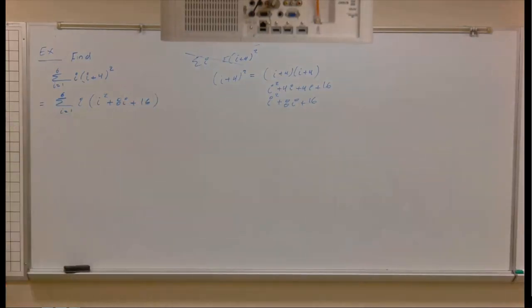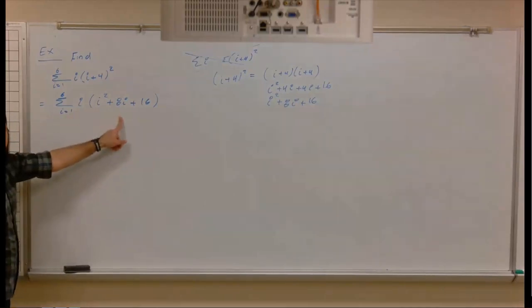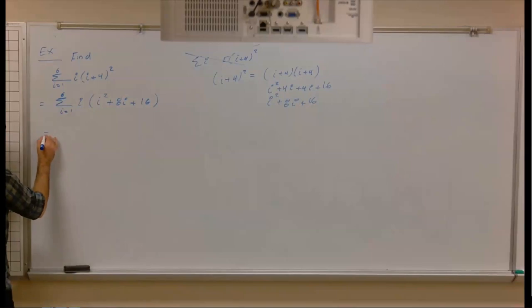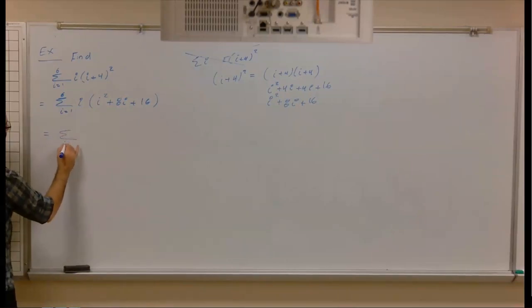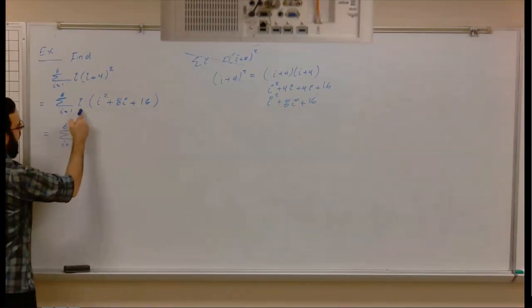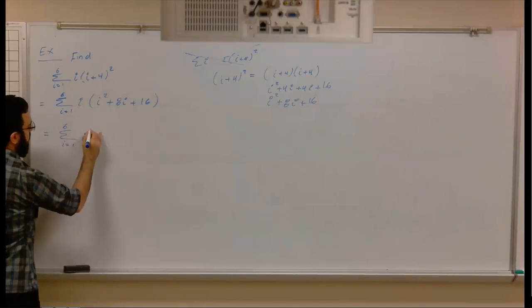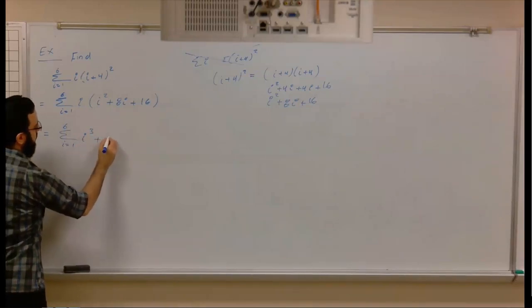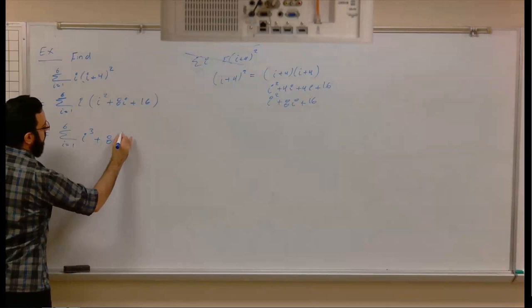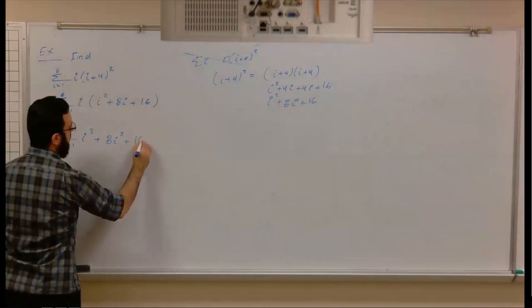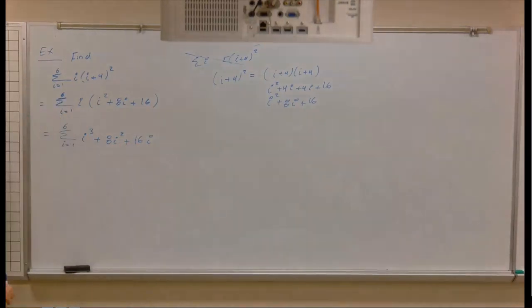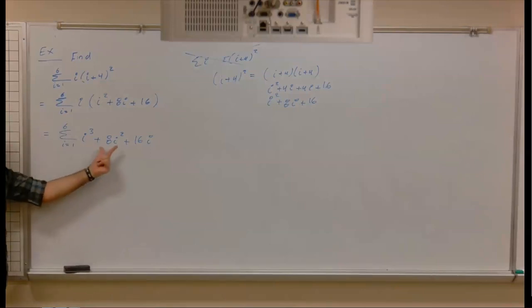Now, what's the next step? Can I distribute the I here? So that's what I'm going to do. This one is equal to summation from I equal 1 to 6 of I times I, which is going to be I cubed plus 8I squared plus 16I. Now, can I say it's summation I cubed plus summation 8I squared plus summation 16I?